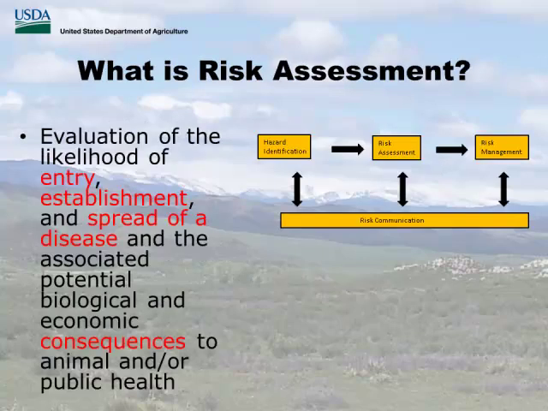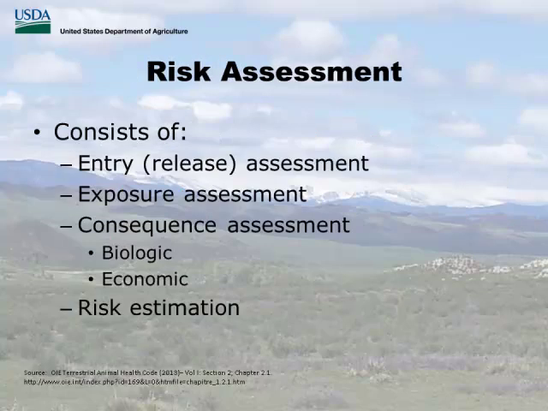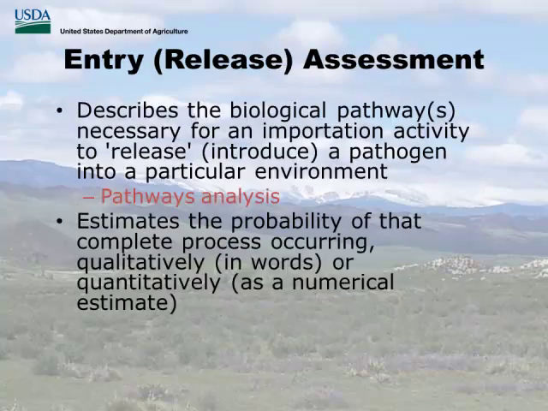What's the risk assessment, which is part of a risk analysis? Basically, we have the 4 parts, and we'll hit them again: the entry, the establishment, the spread of the disease, and the consequences. First of all, we have the entry. What are the chances of it coming along?